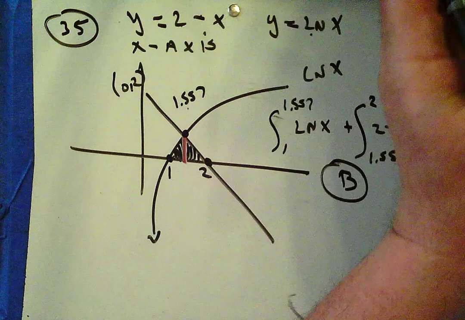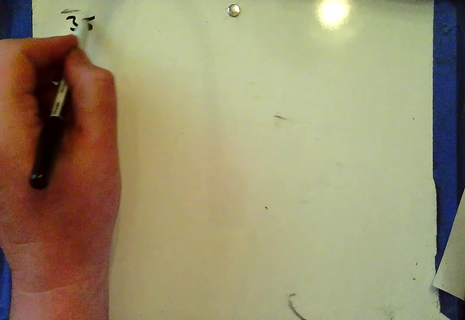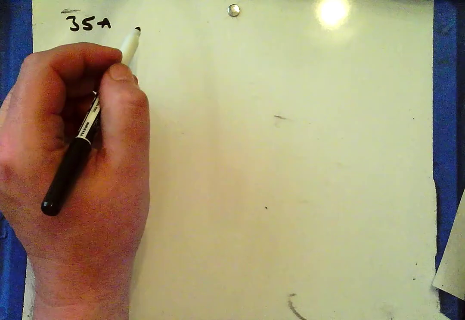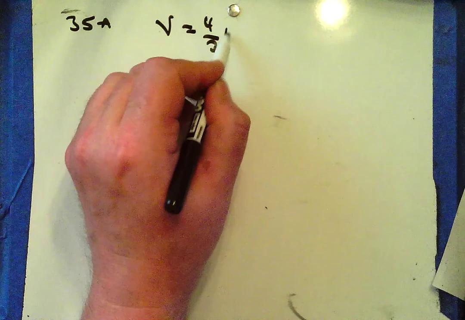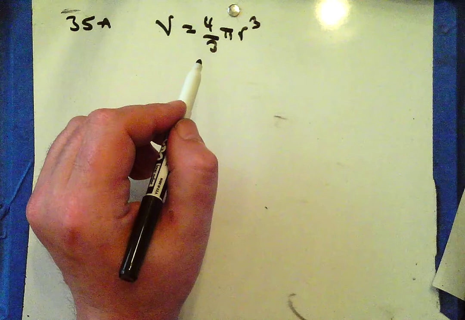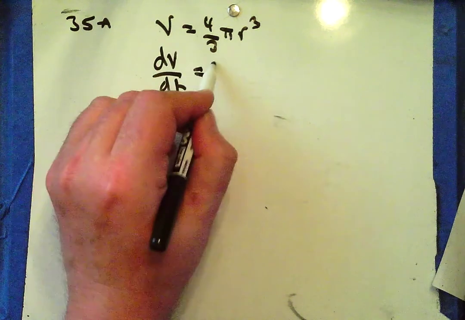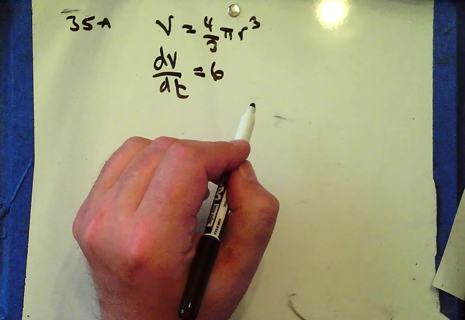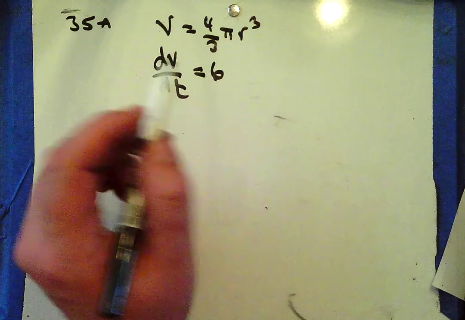Okay, let's take a look at 35A. 35A says a sphere, volume 4/3 pi r cubed. Gas-filled spherical balloon increases 6 cubic inches, that's dV dt, for each degree of increase in temperature.